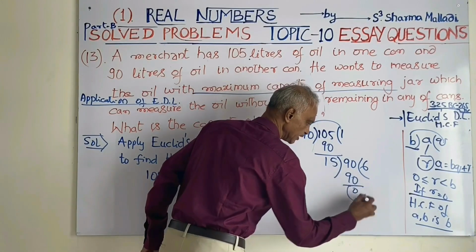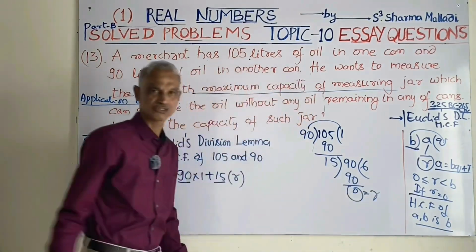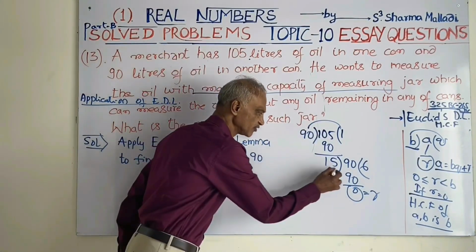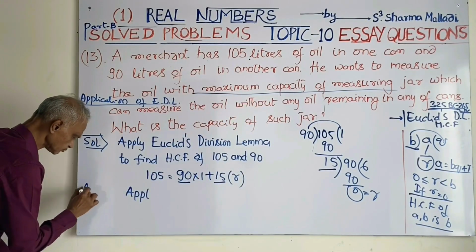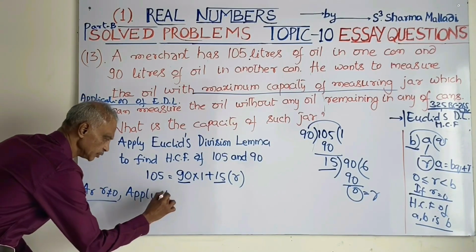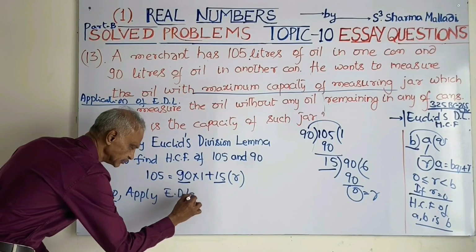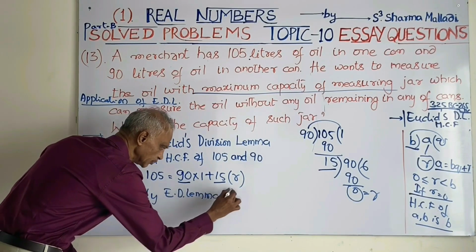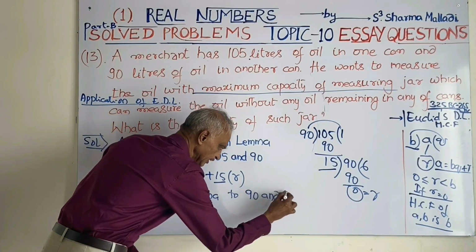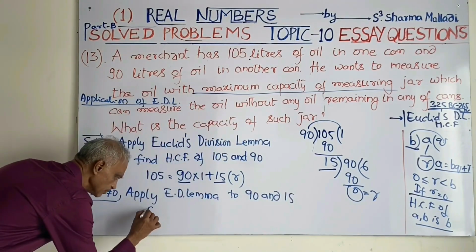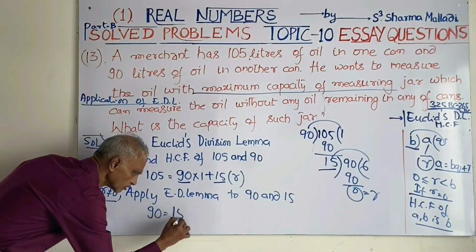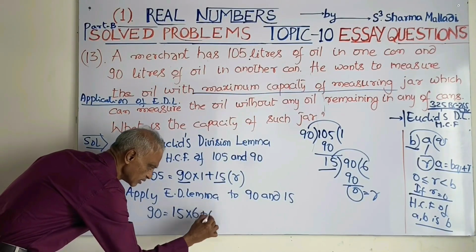You are getting remainder as 0. 90 can be written as 15 into 6 plus 0.